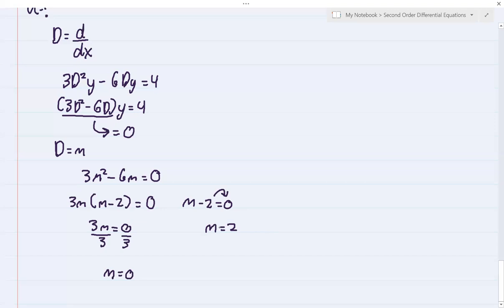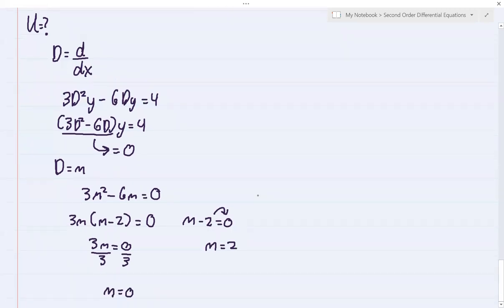So due to this, what would be the general solution? Since we have both m values and they are different to each other, then you're going to use this general solution. So your u is equal to a times e raised to small a x, plus b times e raised to small b x. Now let's take a look.